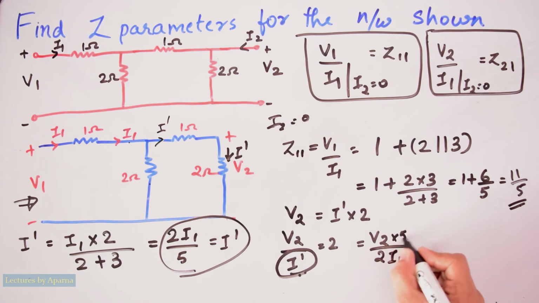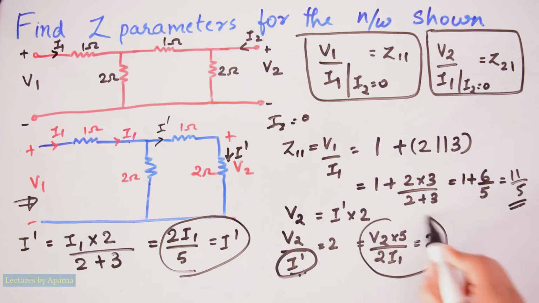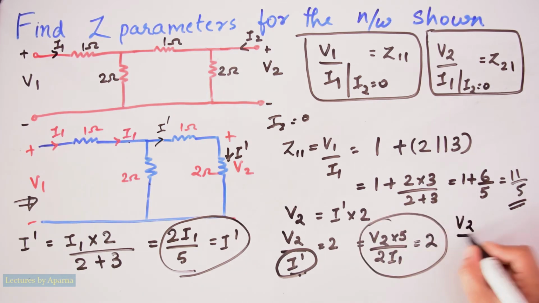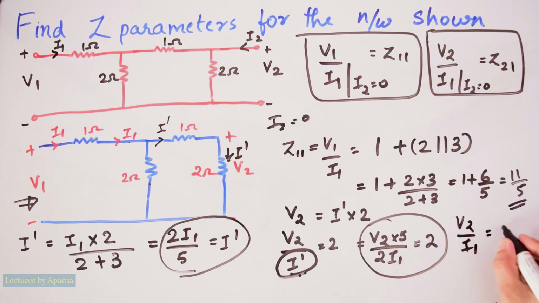So this 5 will come in the numerator, that is equal to 2. So if you simplify this, we will get V2 by I1 is equal to 2 into 2 by 5, or that is equal to 4 by 5. So you will get Z21 is equal to 4 by 5.